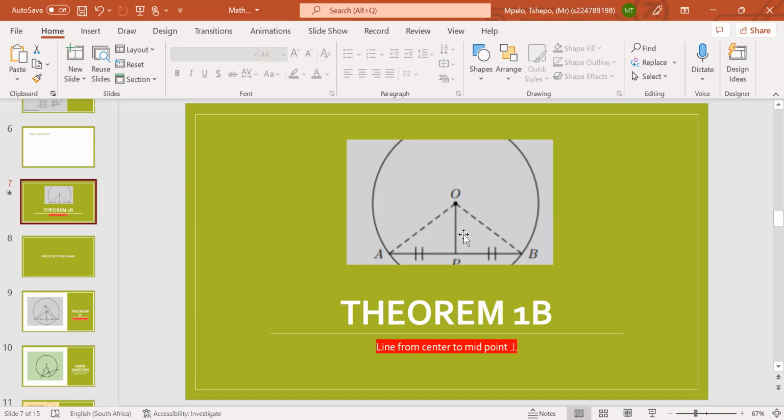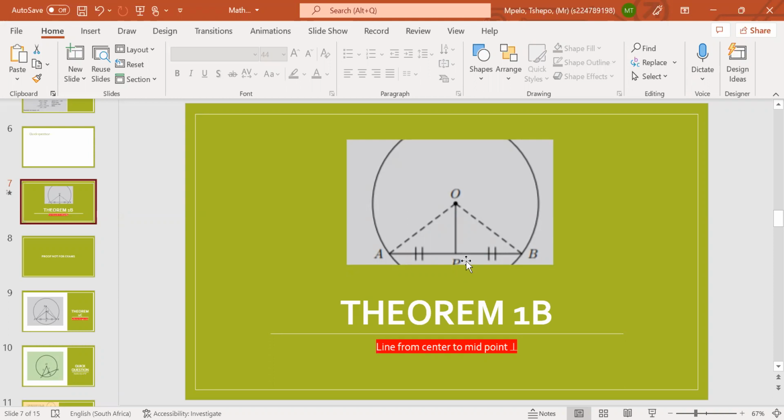Sorry, the first sentence. I'm saying, now that we know from Theorem 1A that a perpendicular line from the center bisects the chord, we can also conclude, if I don't tell you the line is perpendicular, but I tell you the line bisects the chord, and it's the very same line from the center.